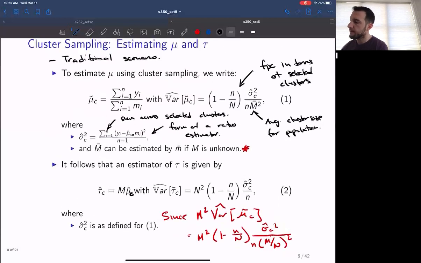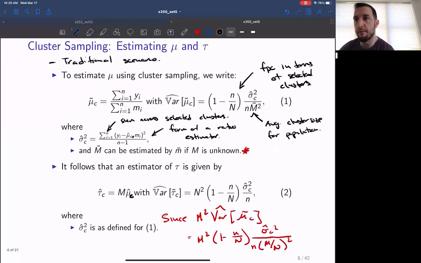Okay, so on slide 8, we have the estimators for the average and the total for the cluster sampling scheme. Noticeably here, in both the estimate for the total and the estimate for the variance of the mean, so equation 1, variance estimate here, and equation 2, total estimate here, we have capital M. Capital M is the total number of elements across the entire population.